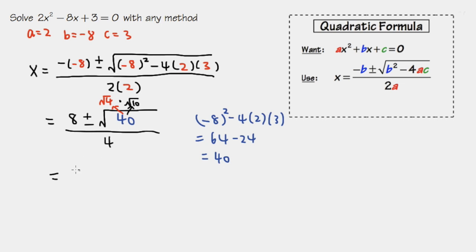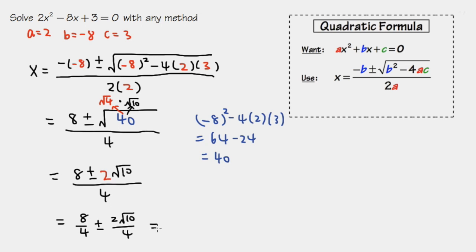This is going to give me 8 plus minus. This red square root of 4 is just a regular 2, right? And we will have the square root of 10 stay the same, all over this 4. And we are just going to split the fraction. This is 8 over 4 plus minus 2 square root of 10 over 4.